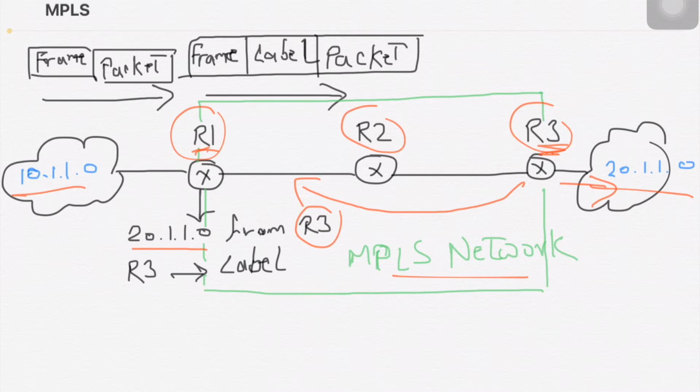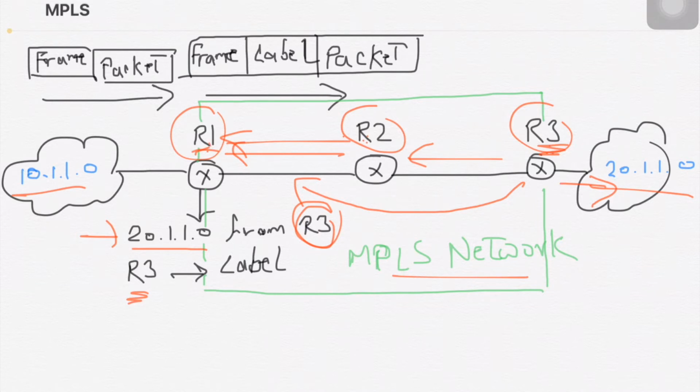So router 1 in its routing table has network 20.1.1.0, and the next hop of the network is router 3. Router 3 itself is received from router 2. Router 3 sends its identity to router 2, and router 2 sends router 3's identity to router 1.